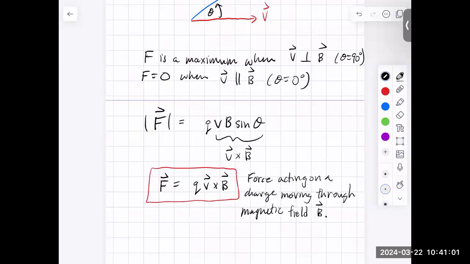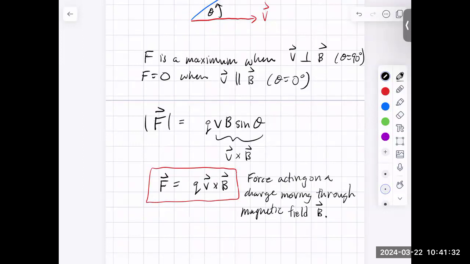Okay, so we have about 10 minutes left, and what I want to do is one interesting example. And the simplest thing we could do is have a charge moving through a uniform magnetic field. So B is a constant, and we'll make the charge move perpendicular to the magnetic field so that V cross B is VB sine theta, and theta will be 90 degrees.